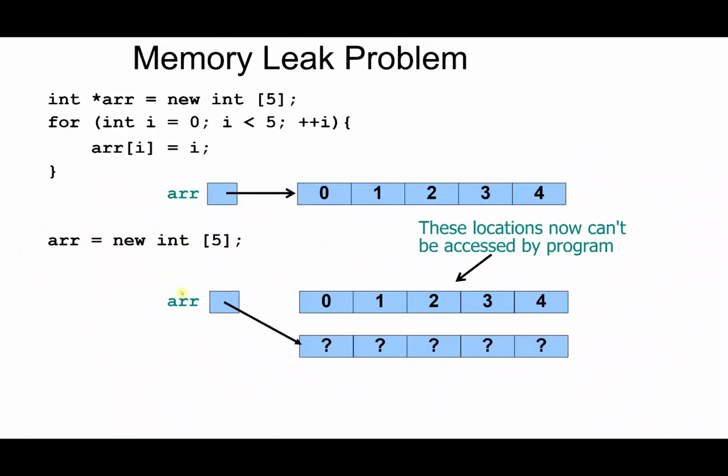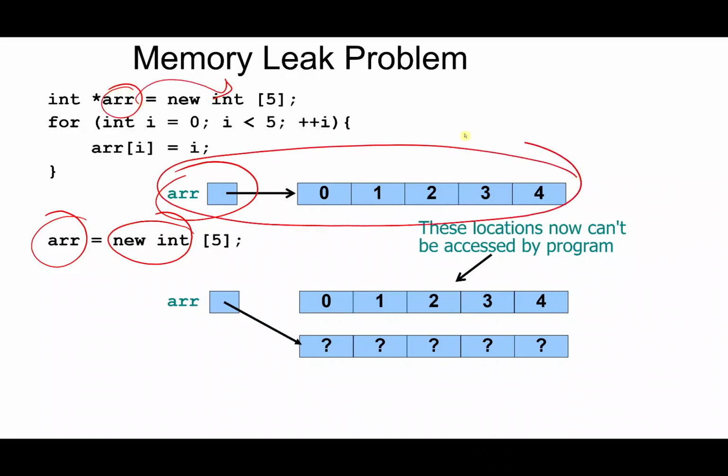Okay, memory leak problem. And this is one of the biggest problems in C++, memory leaks. So if I have the same example, array, and then I say array equal new int 5. So basically I have array that points to 5 locations in the heap. Then I use this pointer to point to another.